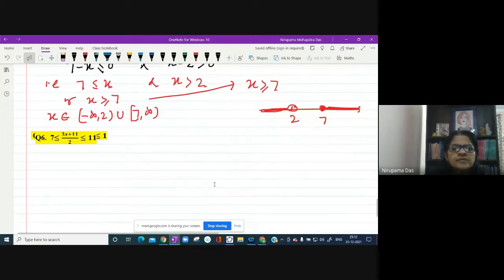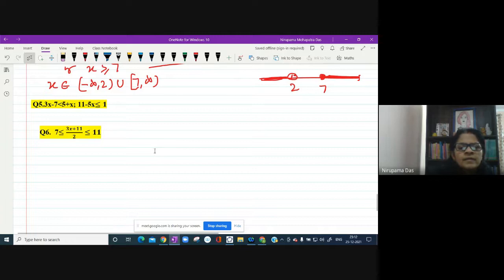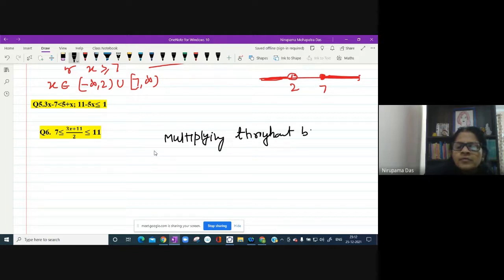Okay, next question, the last question of today's class. Here it is 7 ≤ (3x+11)/2 ≤ 11. Now in this question, what is to be done? We have 2 in the denominator and we do not want anything in the denominator, so multiply throughout by 2.